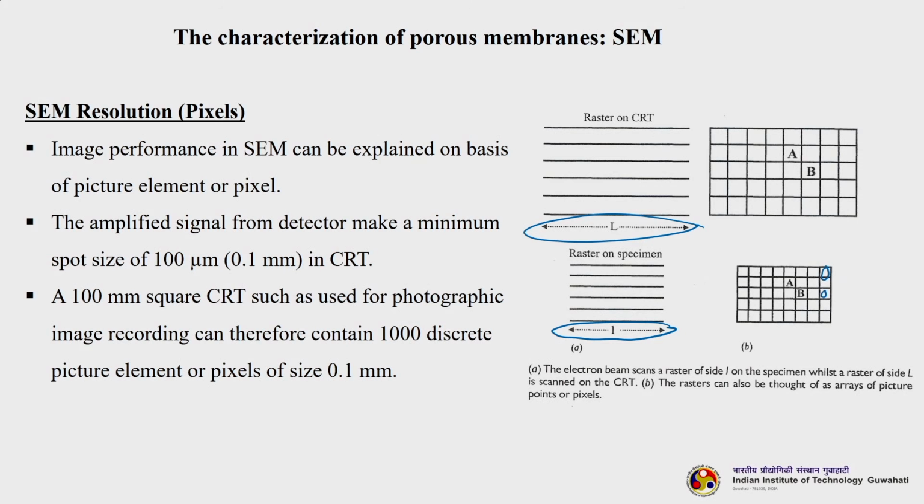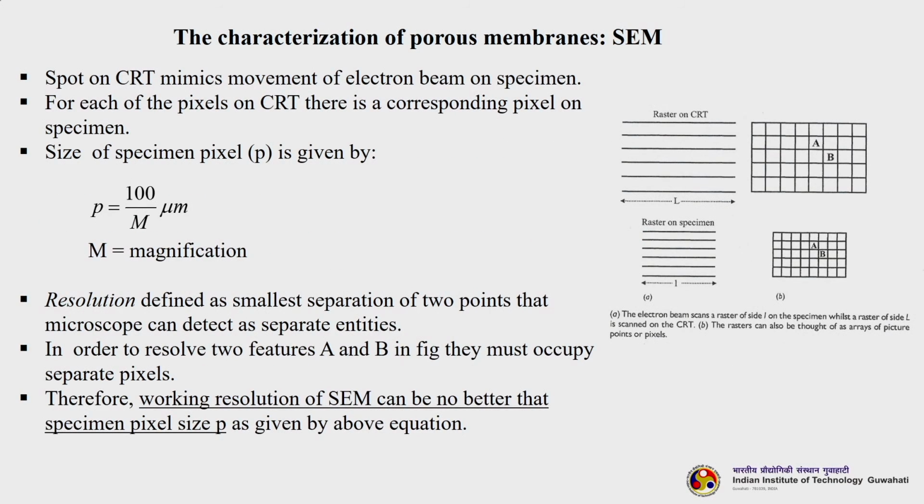The spot on the CRT mimics the movement of the electron beam on the specimen. For each pixel on the CRT, there is a corresponding pixel on the specimen. The size of the specimen pixel is given by P equals 100 by m micron, where m is the magnification.